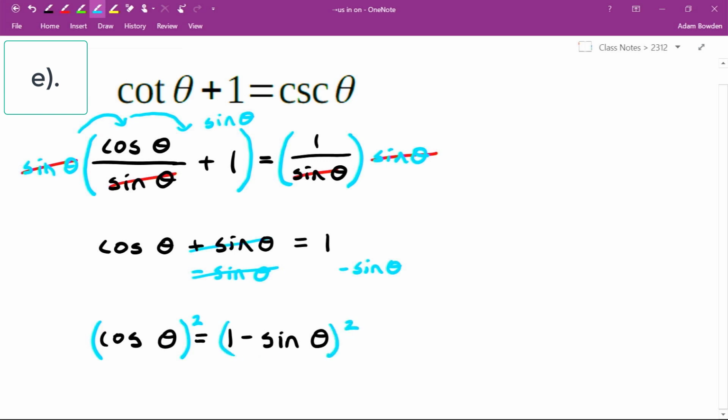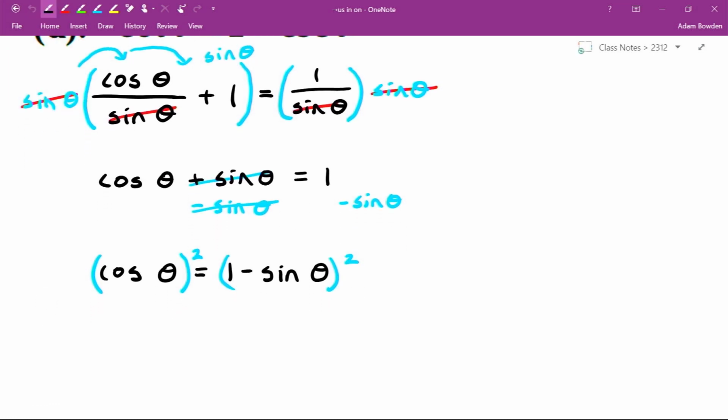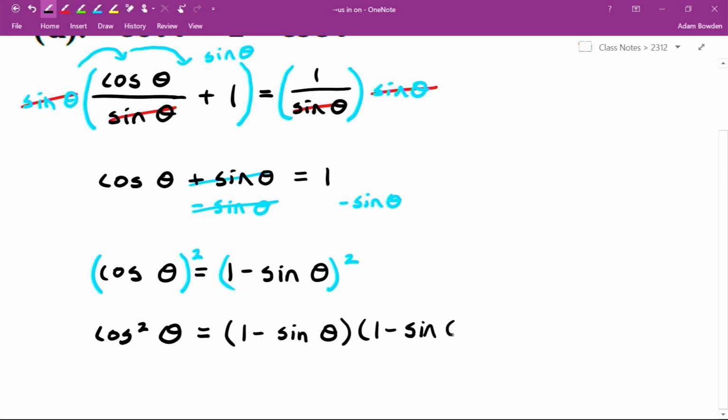One reason why we might want to square is so that the cosine turns into cosine squared, and then identities will start to pop up at that point. So we'll be able to write this as cosine squared theta equals, since this is 1 minus sine theta all raised to the second power, that's the same thing as 1 minus sine theta times 1 minus sine theta.